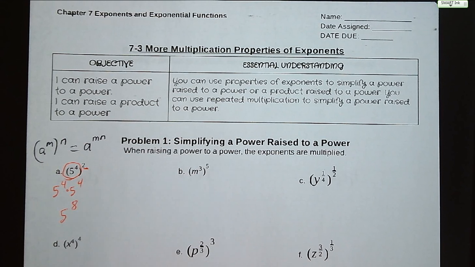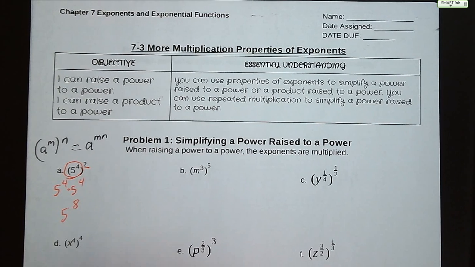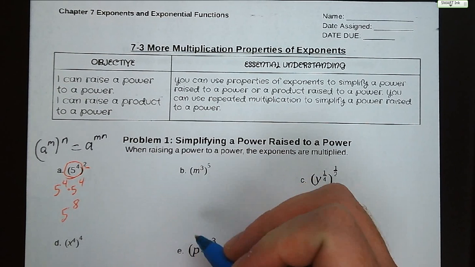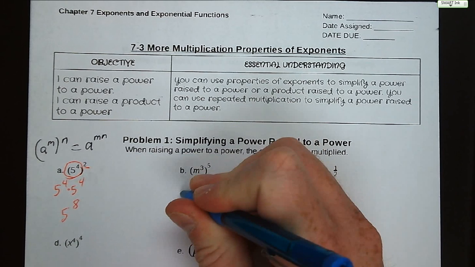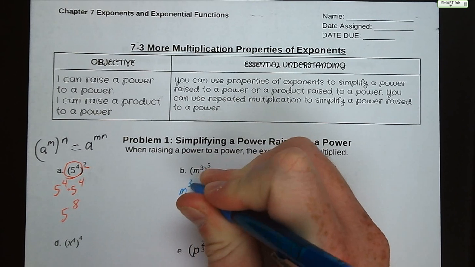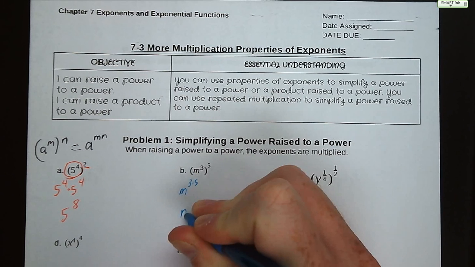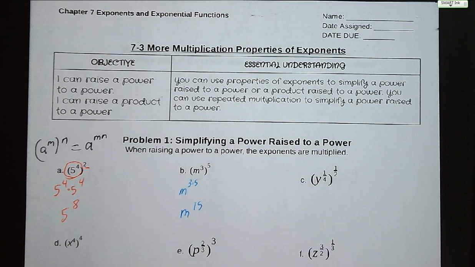Okay? So letter B, we have m to the 3rd raised to the 5th. So we have m to the 3rd times 5th, which is m to the 15th. We can rewrite that in expanded form again.